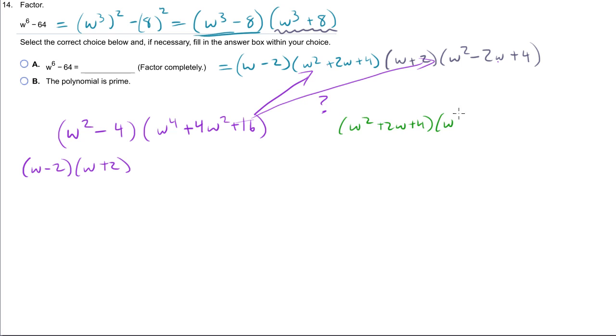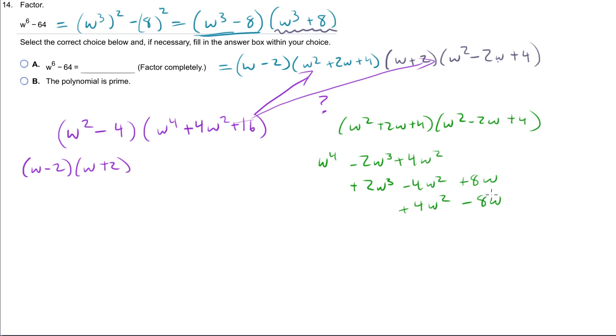Now I'm just indulging. W to the 4th minus 2w cubed plus 4w squared plus 2w cubed minus 4w squared plus 8w plus 4w squared minus 8w plus 16.